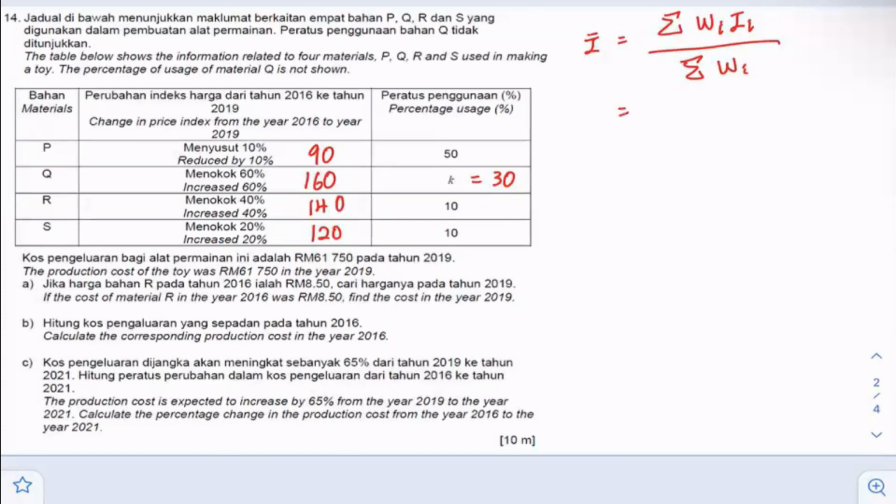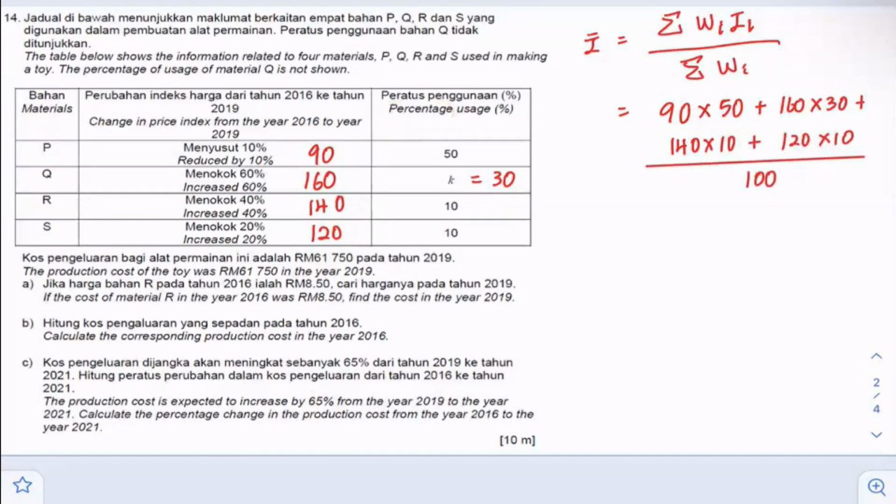So we have P index 90 multiplied by 50, the weightage, plus 160 multiplied by 30, plus 140 multiplied by 10, plus 120 multiplied by 10, divided by 100. As we know, the total of the percentages is equal to 100. So you will get 119, which means the overall index number for the toy is 119.